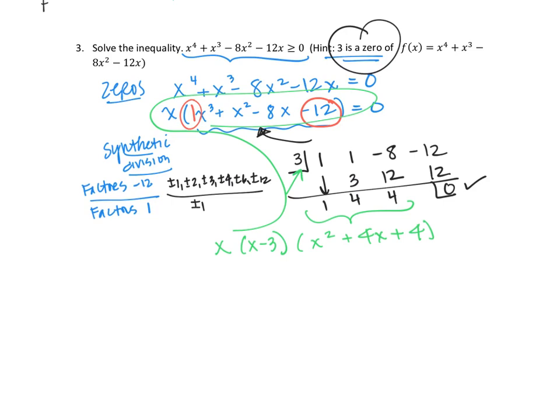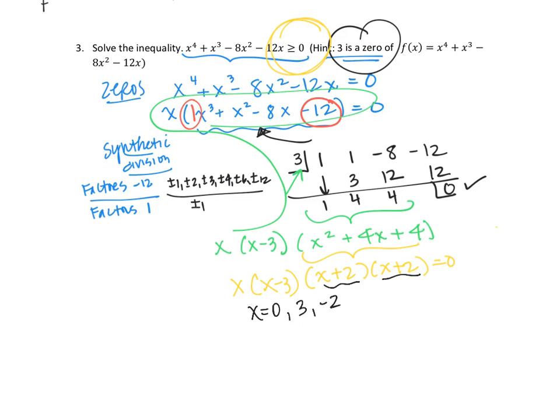But now our question is changed just a little bit because we're looking at solving an inequality. I'm going to have to factor that x squared plus 4x plus 4. It'll be x plus 2 times x plus 2. And I have the x minus 3 still and the x. So my zeros are going to be x equals 0, 3, and negative 2.